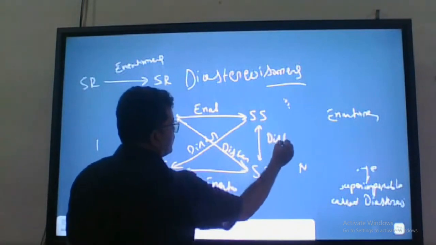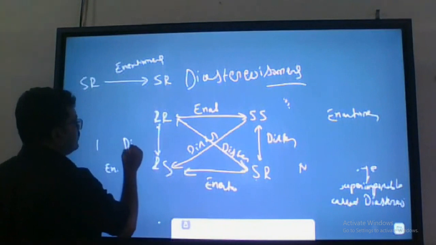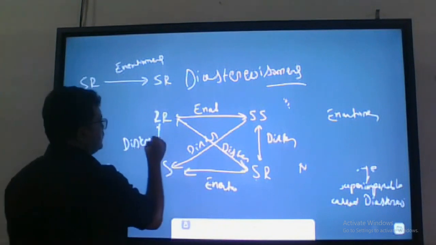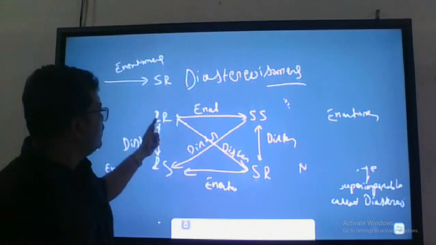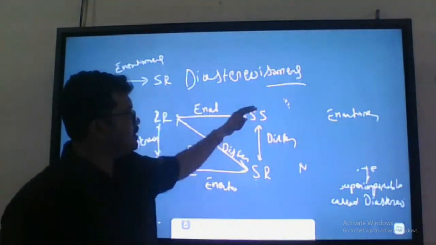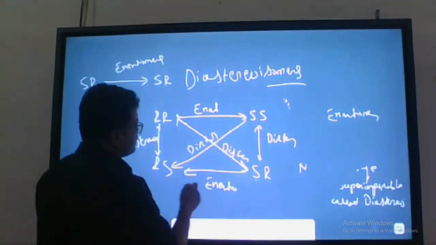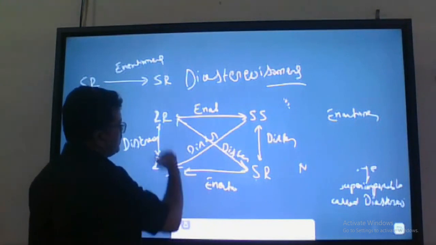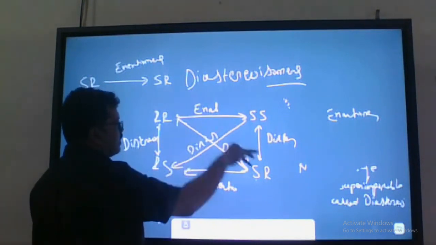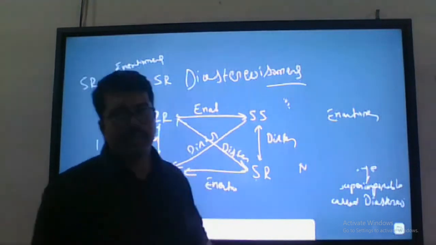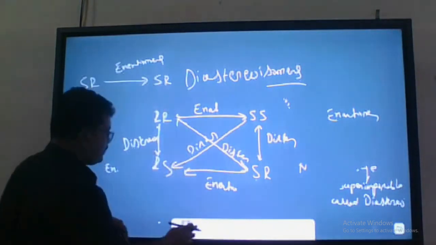SS and SR, and RR here, this too is diastereoisomers. With two stereogenic centers, if the relation is RR and SS, they are enantiomers; SS and SR are diastereoisomers. Again, SR and RS are enantiomers; RR and RS are diastereoisomers. So again this one, SS and RS diastereoisomers, RR and SR. So they are stereoisomers. So the last one, racemic mixture.